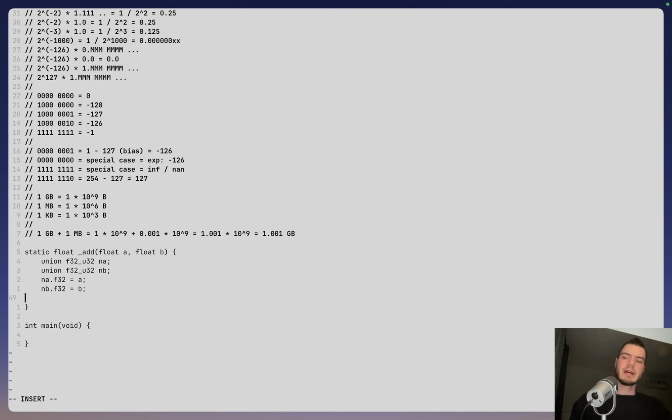And now what do we have to do? We need to analyze the exponents of our true values. And we need to shift the mantissa of one of the values so that the two exponents are the same.